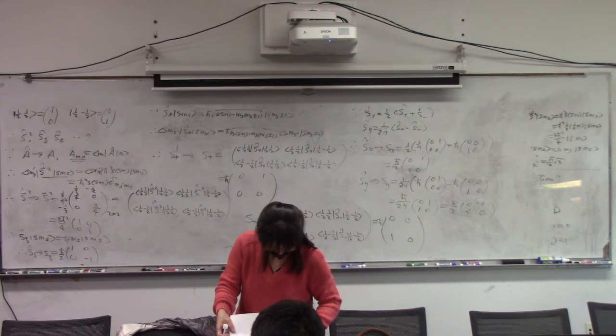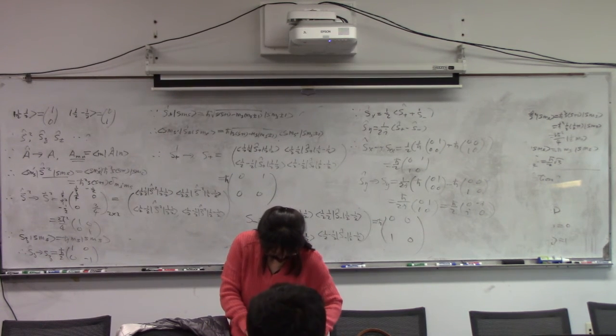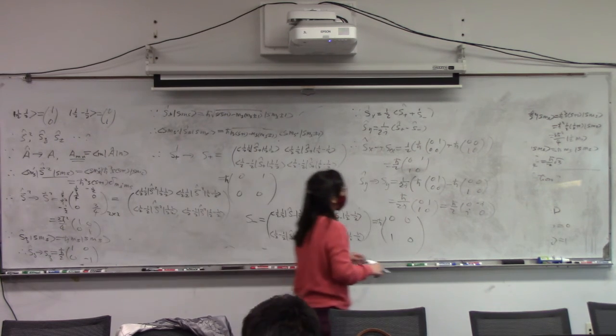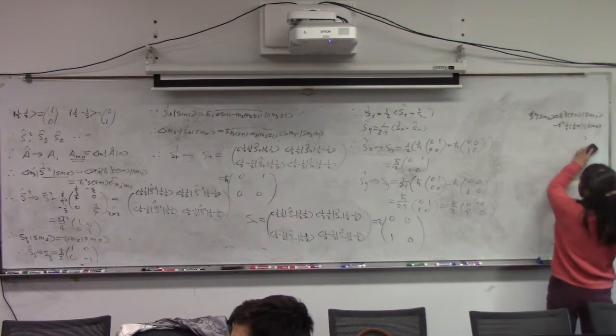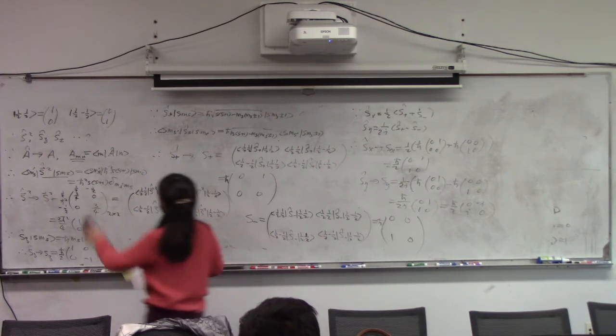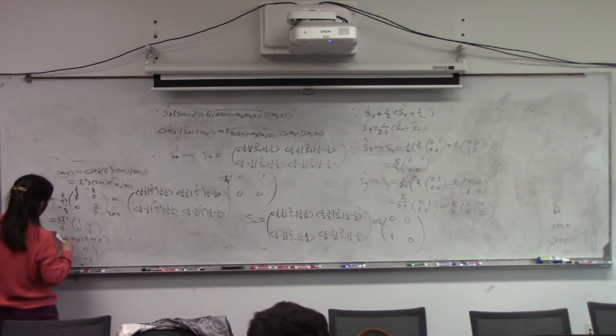For this spin half, there is a famous Pauli matrix, which is very popular and useful. So now let's introduce this. Let's summarize.